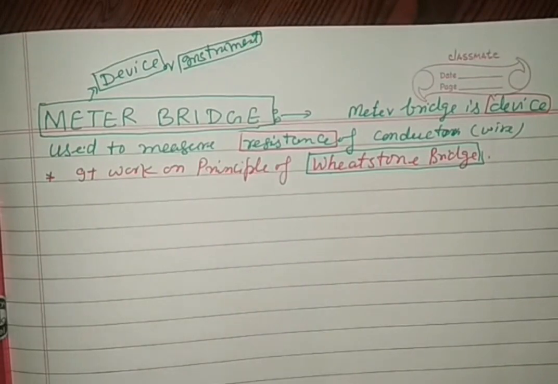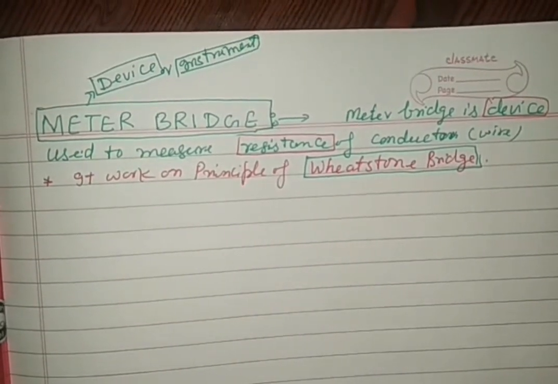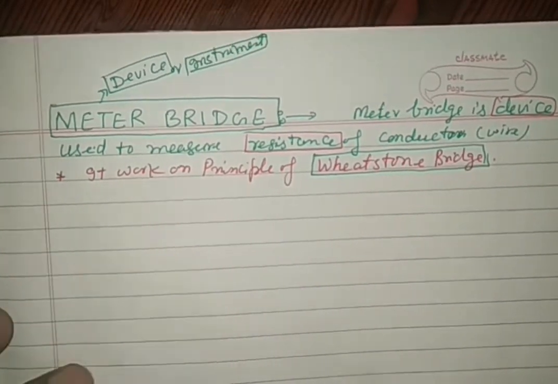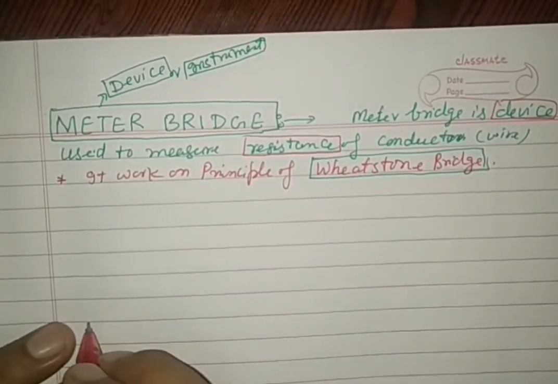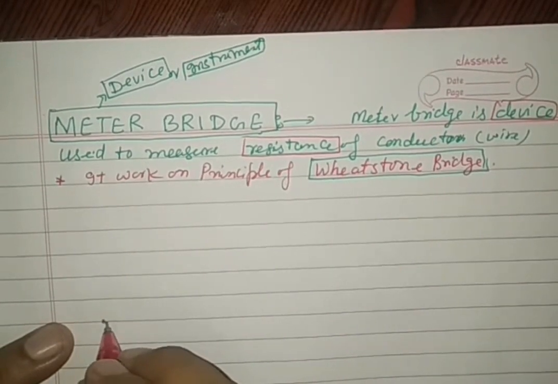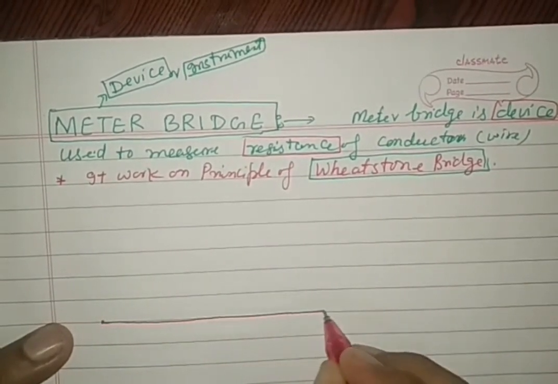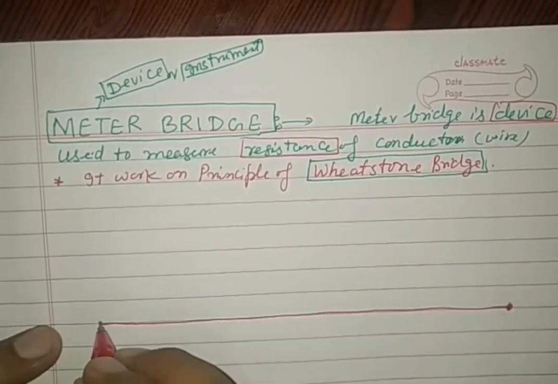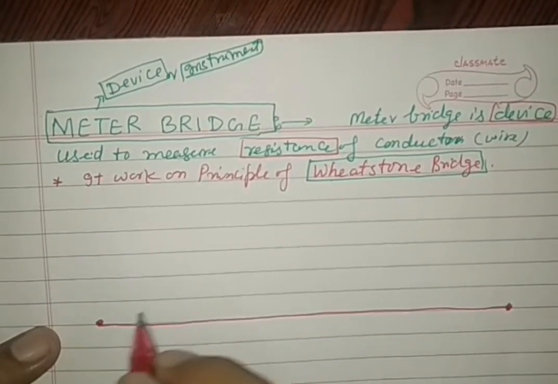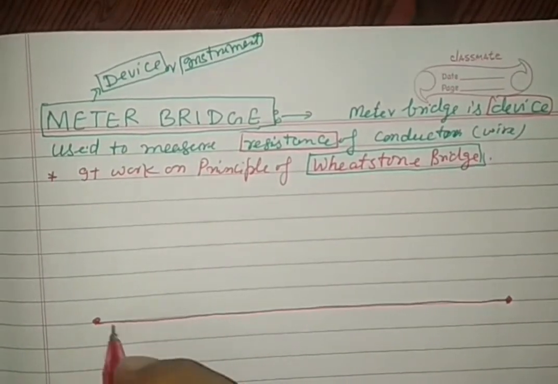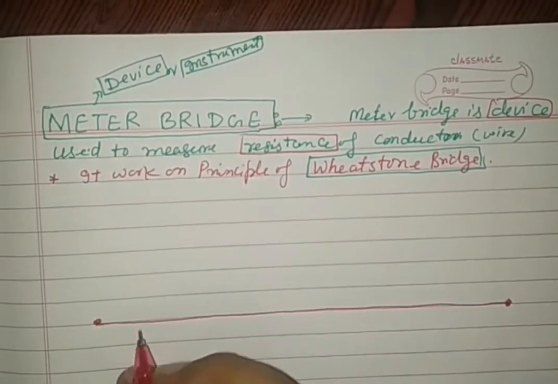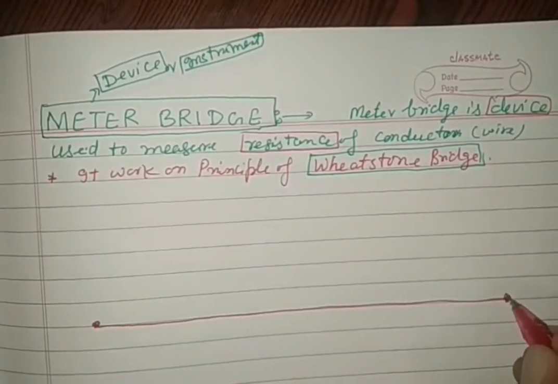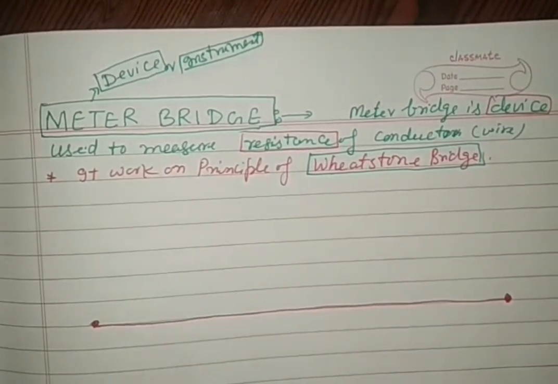Here you can see the total circuit diagram. So let's see the whole diagram with me. Here is a 1 meter wire, a thin wire mounted on a meter scale, provided with two terminals for connection.